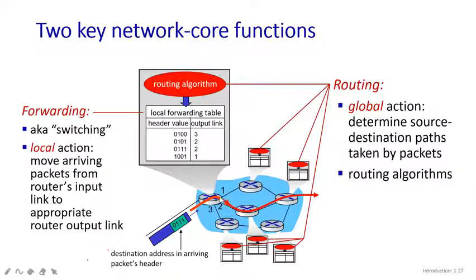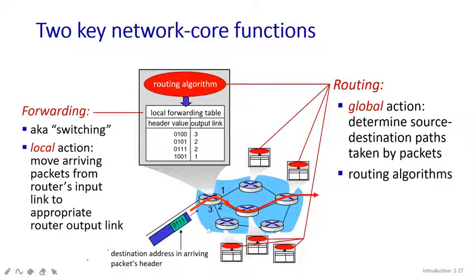If this is the output link of the first router, it is the input link of this router. Similarly, this is the output link of this router, and this is the input link of the next router. Similarly for the third one.